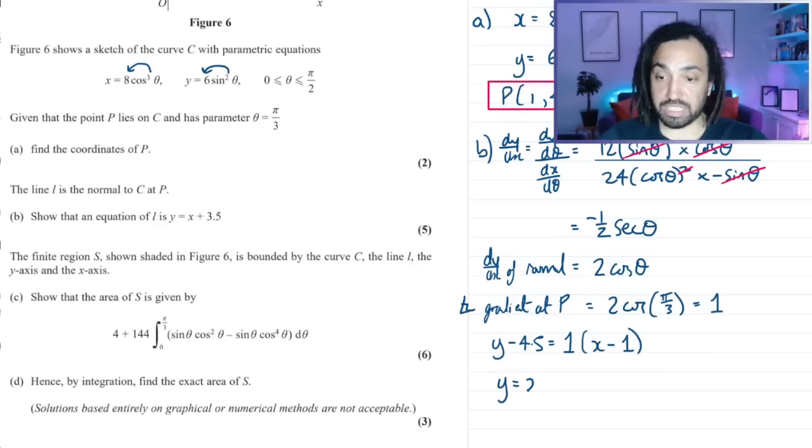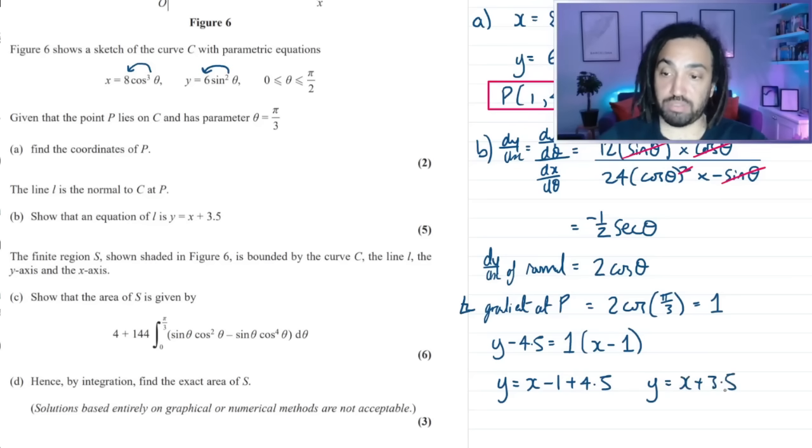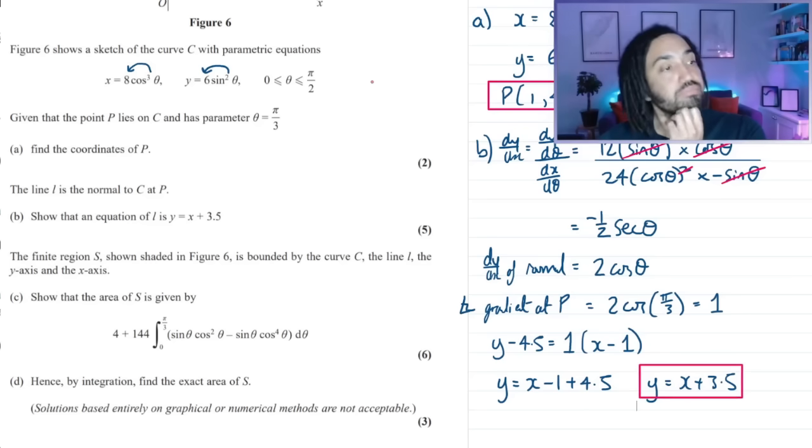That's just going to give us 1x. We're going to get minus 1, and then this 4.5 is going to come over here. So this is going to give us y is equal to x plus 3.5 for our final answer. Okay, great.